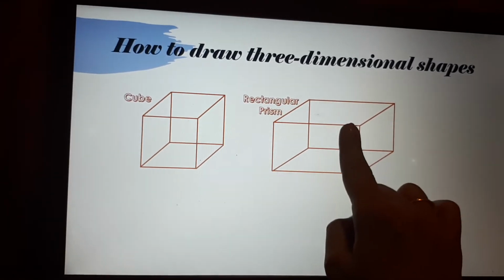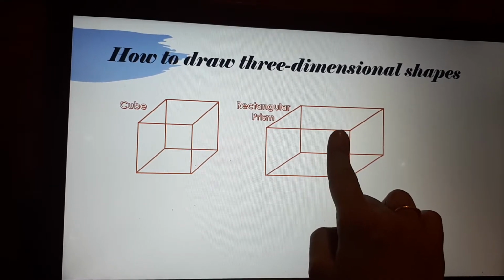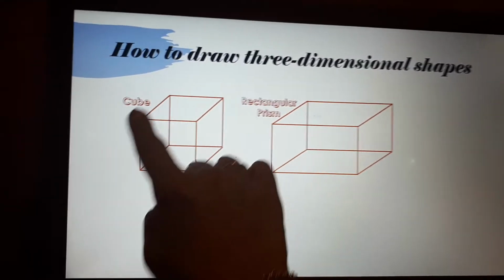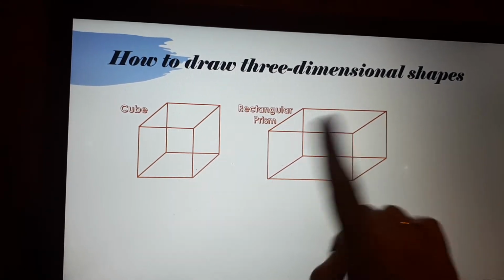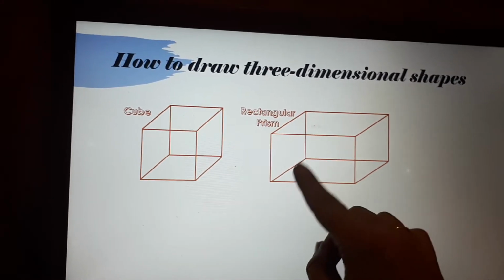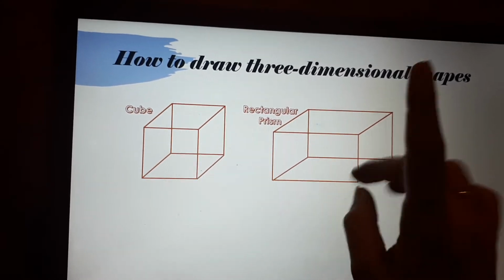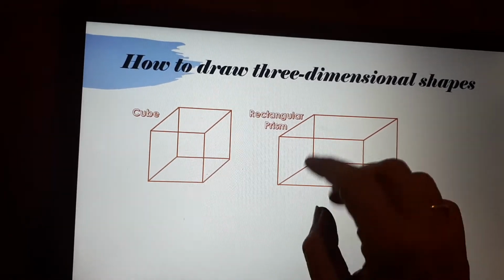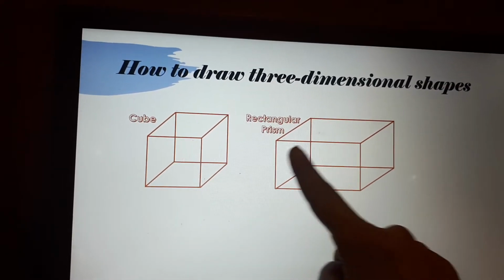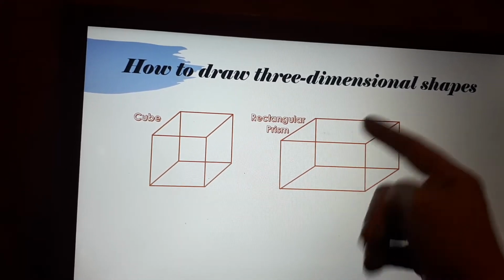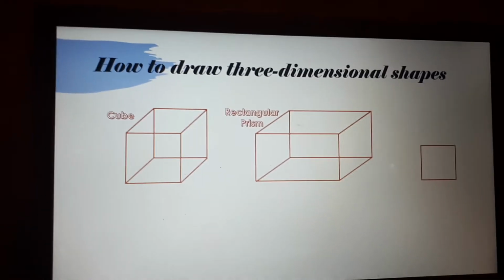The difference between a cube and a rectangular prism is that the cube has 6 equal faces, but the rectangular prism does not. It has parallel sides. Remember the word parallel? Opposite sides never meet. So the parallel sides are equal.